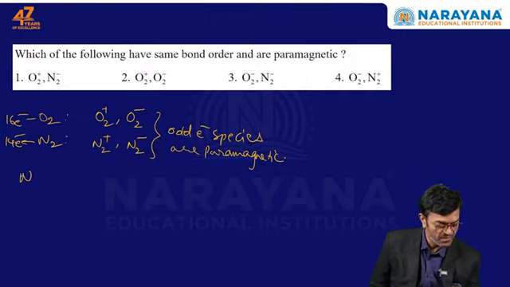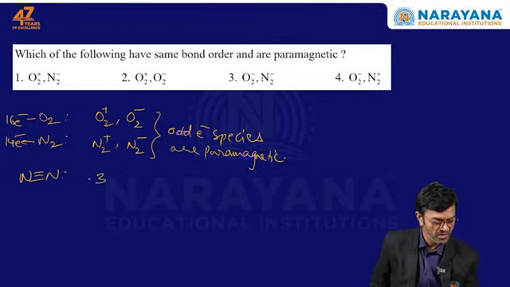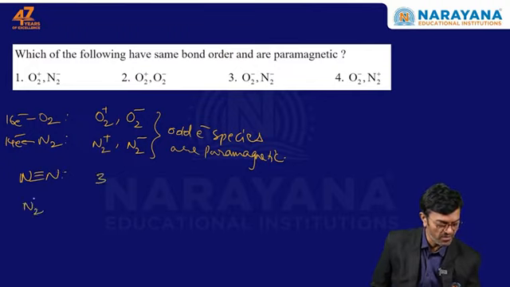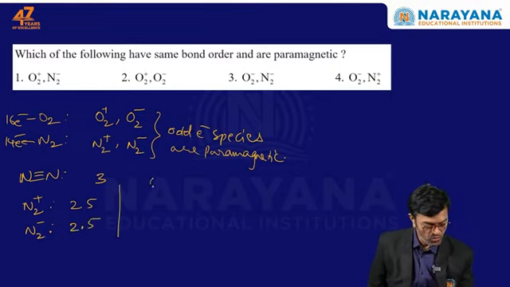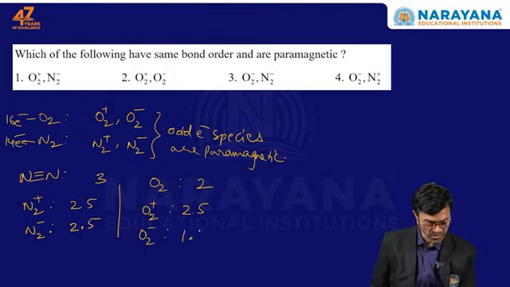N2 has a triple bond, so its bond order will be 3. When you remove an electron, it becomes N2 plus, that is 2.5. When you add an electron, it becomes N2 minus, that is also 2.5. O2 bond order is 2. When you remove an electron, it becomes 2.5. When you add an electron, it becomes 1.5.